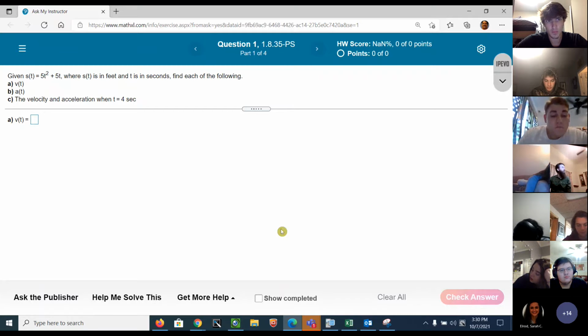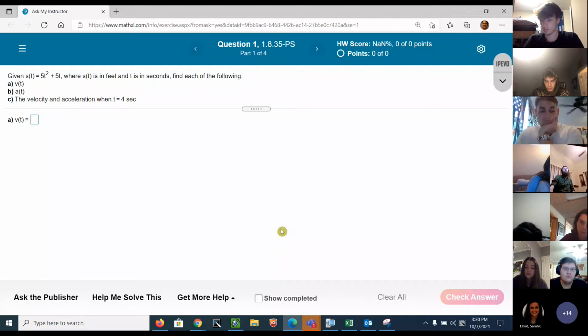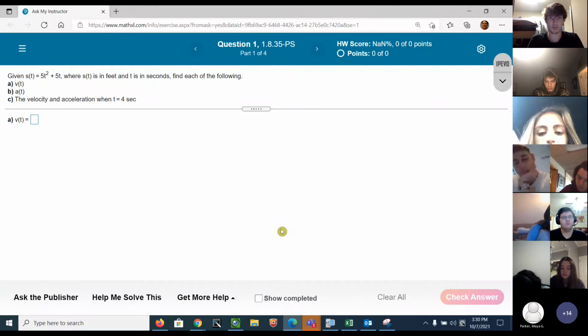A, they want the velocity function, which is equal to s prime of t. And then B, they want the acceleration function, which is the derivative of the velocity, which is the double derivative of the original equation.